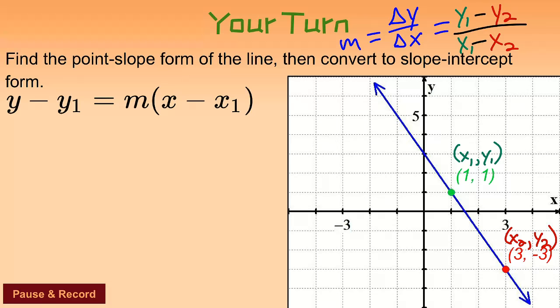So first you're going to find your slope using this equation. You're going to plug it in for your slope here. And then you're going to pick one of these 2 points, I don't care which, and plug it in for x1, y1. And then you're going to convert to the slope-intercept form of the equation, which is y equals mx plus b.